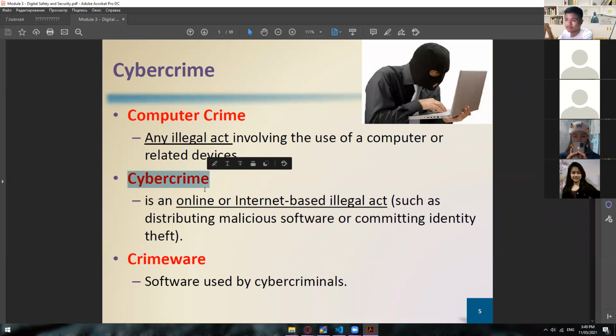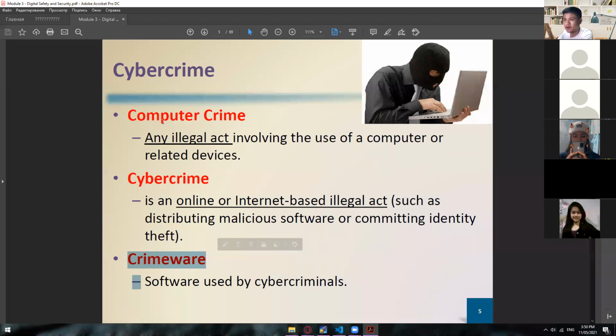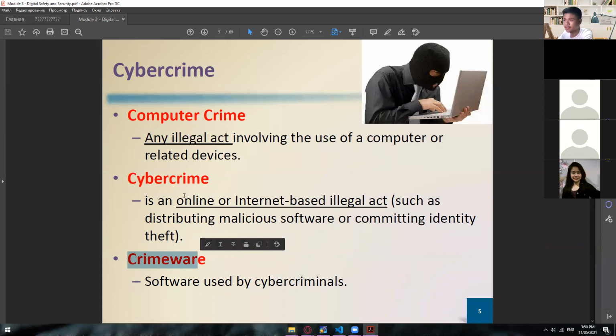It is an act wherein you did something illegal with the use of a computer. If you use a certain application, we call that crimeware. Those are the relations of computer crime, cybercrime, and crimeware with each other. Cybercrime is the one that they can file against you.